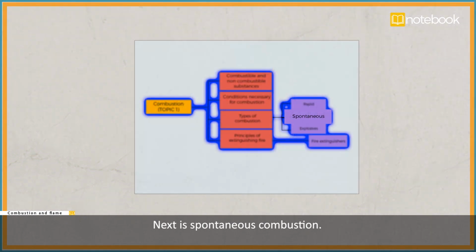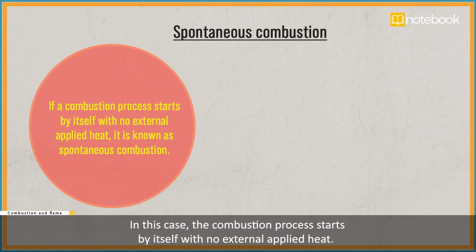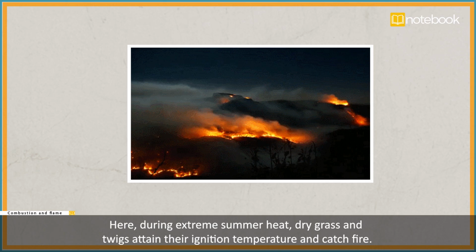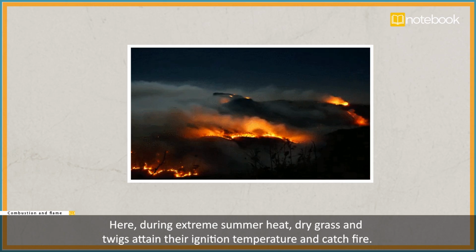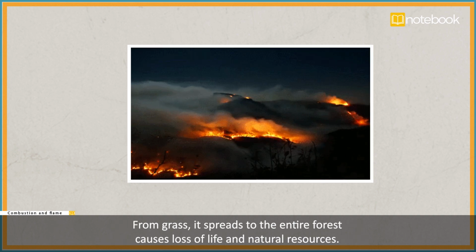Next is spontaneous combustion. In this case, the combustion process starts by itself with no external applied heat. For example, in case of forest fires. Here, during extreme summer heat, dry grass and twigs attain their ignition temperature and catch fire. From grass, it spreads to the entire forest, causing loss of life and natural resources.